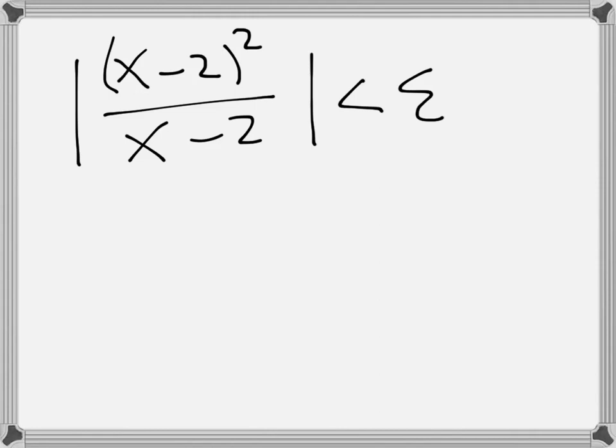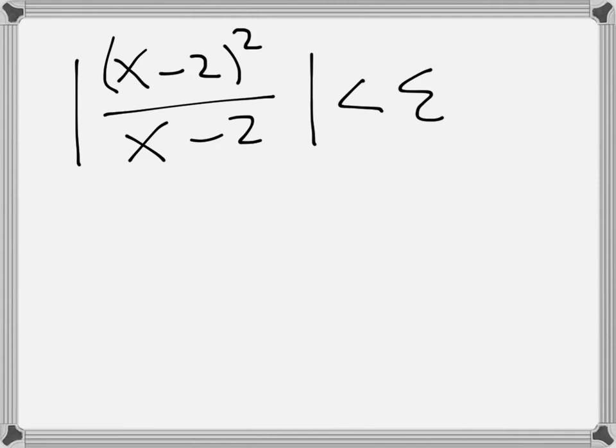If you create a hole or you fill a hole, the limit usually stays the same. The function was not defined at 2, or at least this difference, f of x minus L, was not defined at 2. But when I delete this hole, I fill in the hole, and so I do change the function, but I don't change the limit. So it's okay to cancel here.